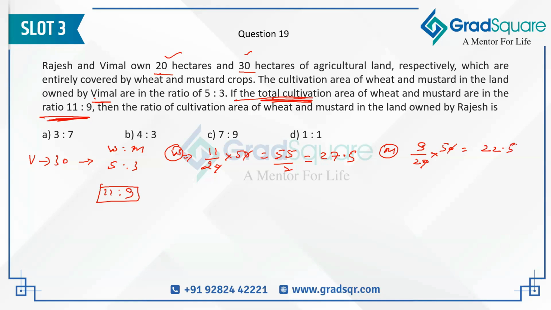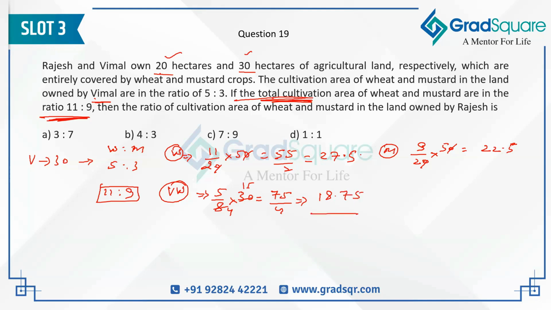So now I have the total wheat and the total mustard area. Vimal's area is also something that I can calculate in terms of wheat and mustard. So what is the wheat area for Vimal? You are going to say 5 by 8 of 30. If you look at 5 by 8 of 30, it is 75 by 4, which is 18.75.